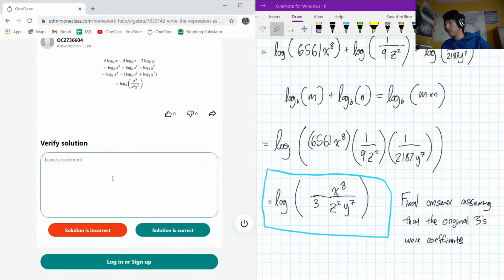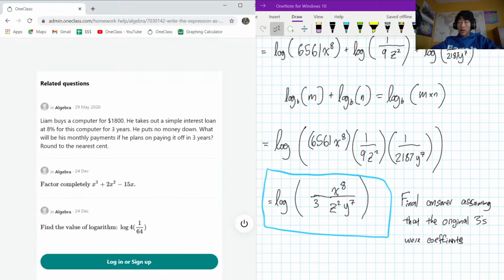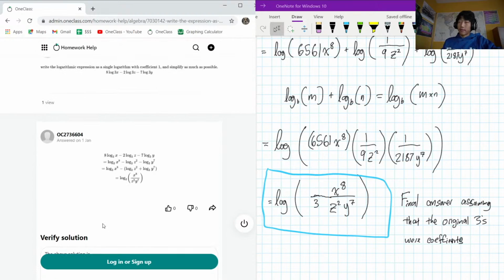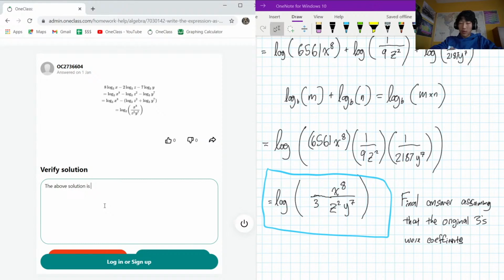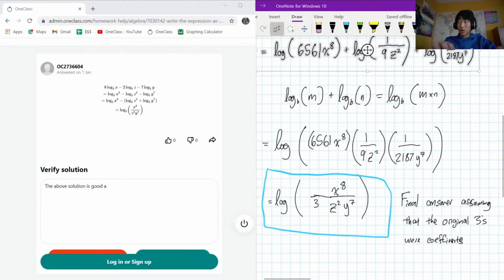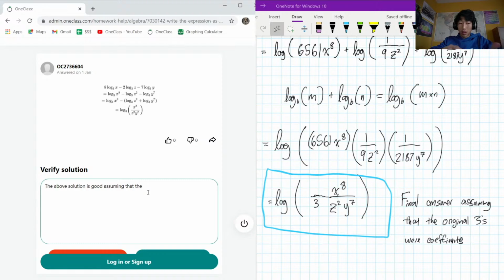So, the above solution is good, assuming 3 are bases.